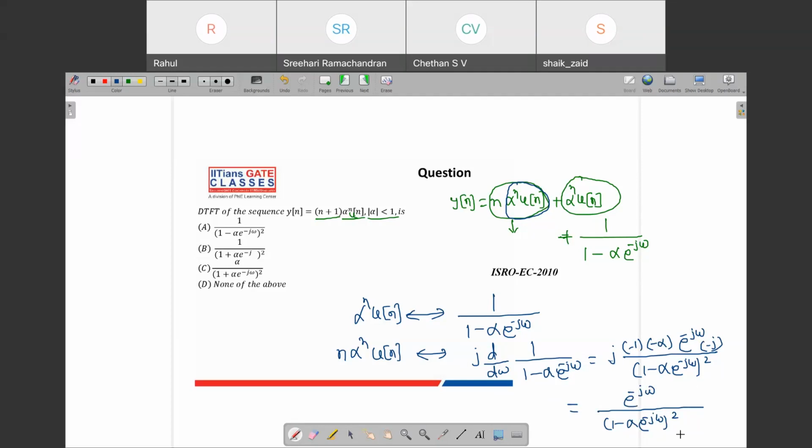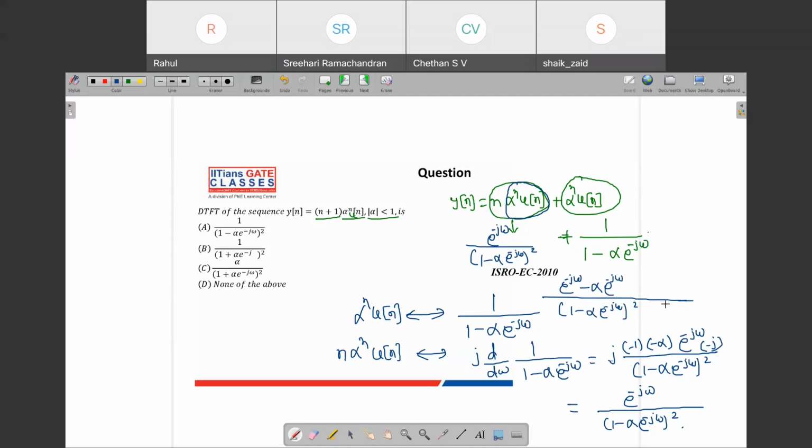Okay. Now we need to add this term with this term to get the answer. So now we will be adding this e to the power minus j omega. So this you can write it as a... wait.